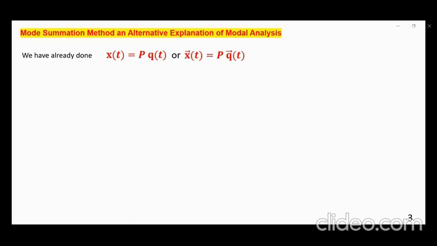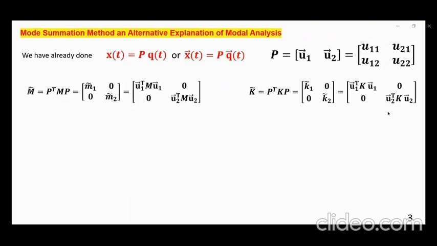And if you take this U1 and U2 and put them in the columns of a matrix, what you get is the modal matrix. So this is the mode shape associated with omega 1, and this is the mode shape associated with omega 2.